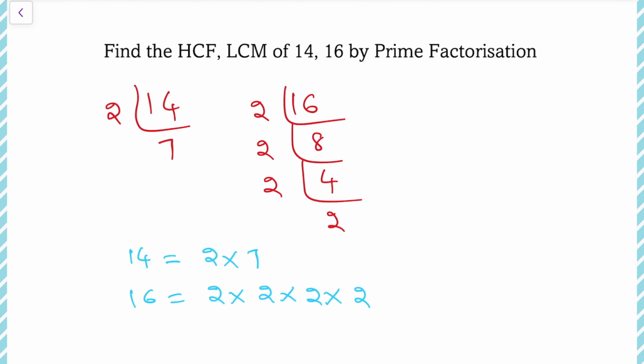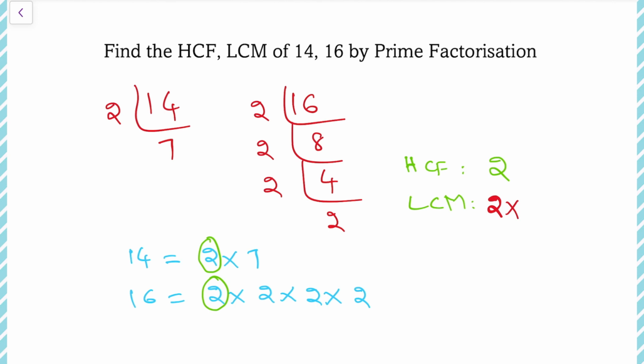Now we need to write HCF as well as LCM. To avoid any confusion, always go with the HCF first, then come to the LCM. For HCF, the number should be common in both. Here 2 is there, here 2 is there. So except 2, no other number is common. Then HCF will become 2. Next coming to the LCM. In the LCM, first write the common number, that is 2 into.